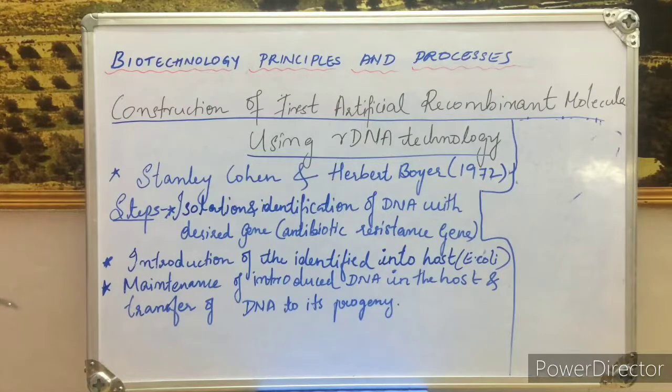Usually, in all conditions the cells will not replicate and the desired gene will not be expressed or multiplied. So favorable conditions must be provided. That means maintenance of the introduced DNA in the host and transfer of DNA to its progeny.